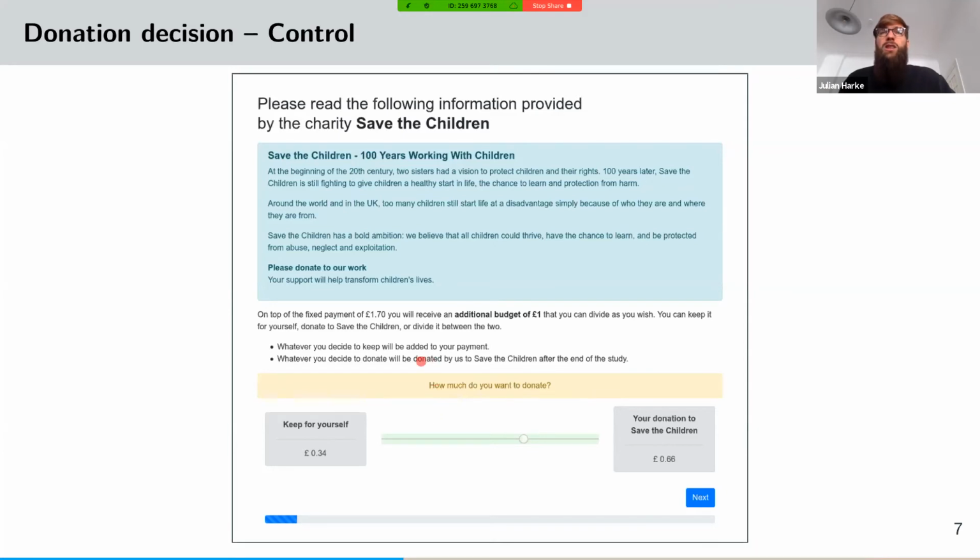It was also mentioned that they do work around the world and have a UK program, as you can see here. On the first screen, they don't see that they have to allocate it later. But it's mentioned that there's a UK program, and this is just standard text from Save the Children.